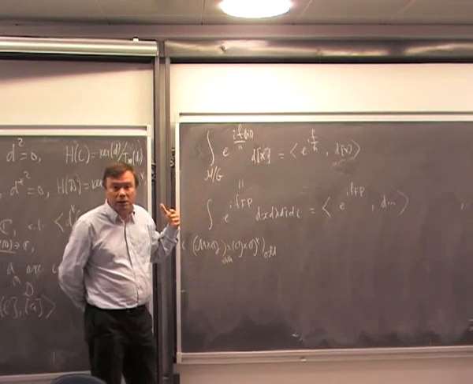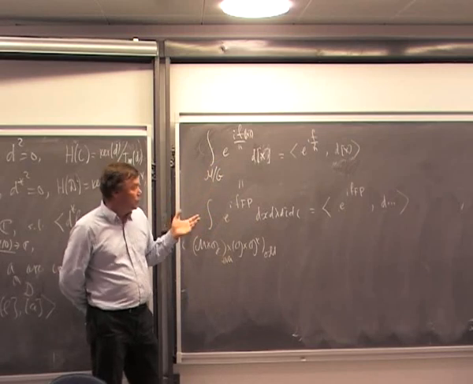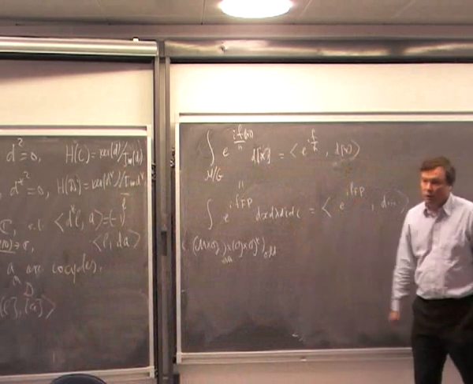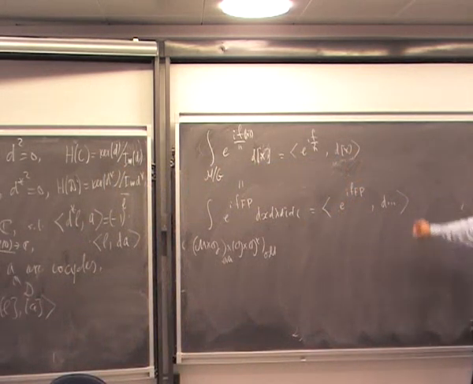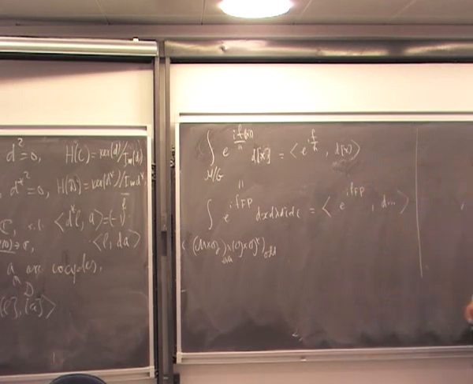One can imagine that maybe there is some other cochain complex which is even more convenient, which you can use to compute this integral. And this is the first step towards what is called Batalin-Vilkovisky quantization.